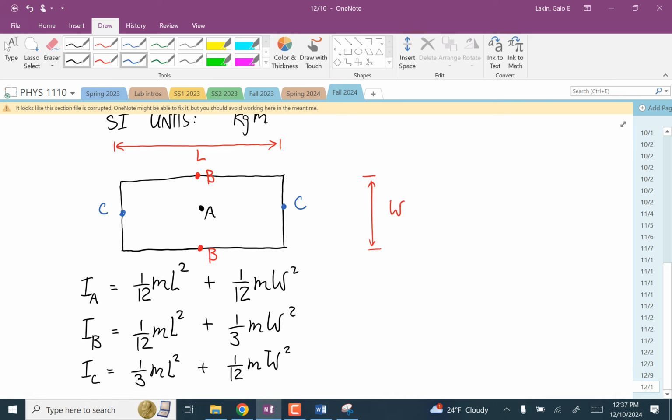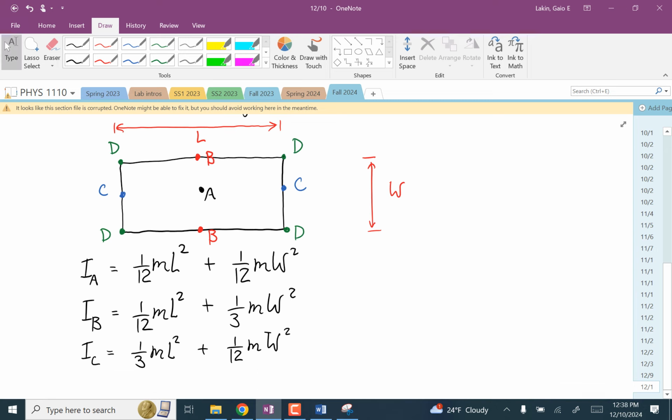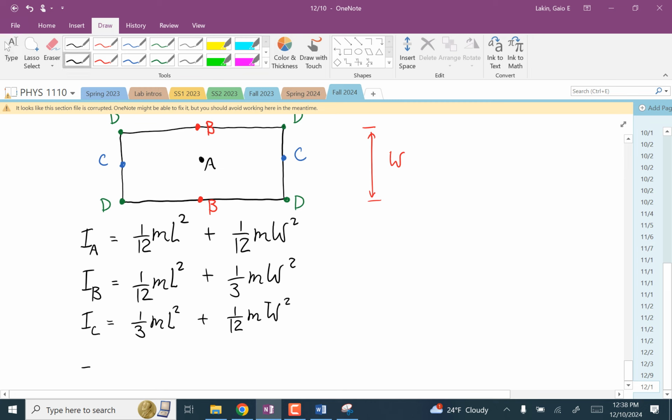And then the last one is at any of the four corners. I'll call that D. Now in this case, we're at the edge along the short side and we're at the edge along the long side. So this is 1/3 times the mass times length squared plus 1/3 times the mass times width squared.